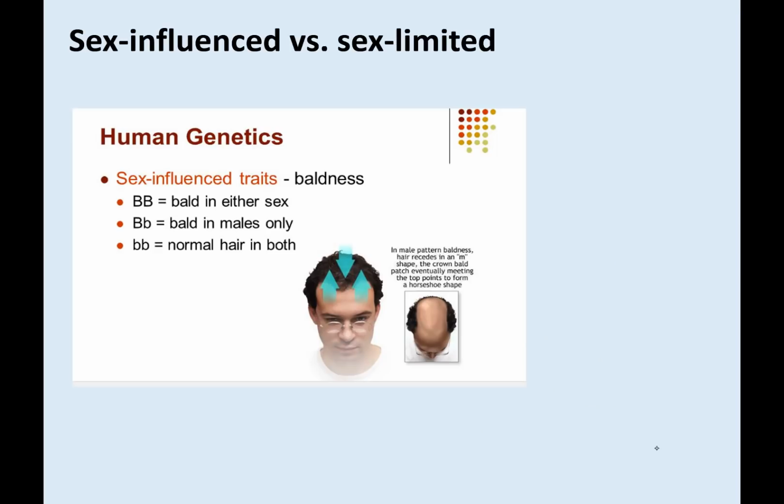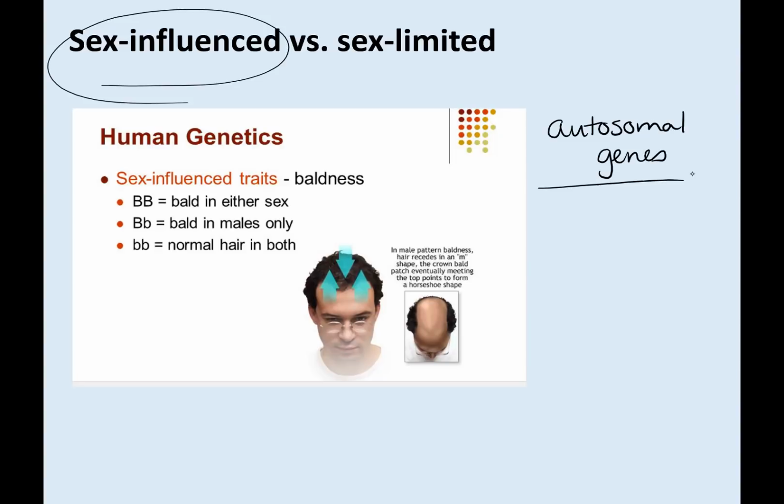There are also traits that are sex influenced. For example, baldness. And what sex influence means is these are autosomal genes, so they're not sex-linked. So they're on your chromosome pairs 1 through 22, usually influenced by hormones.